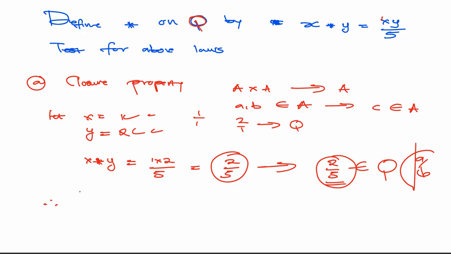Hence the closure property is satisfied. The reason is very simple: after taking two rational numbers, we still get a rational number. So what about the other law? The other law is the commutative law. I like starting with the commutative law.